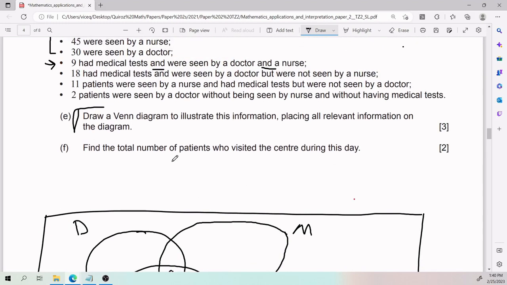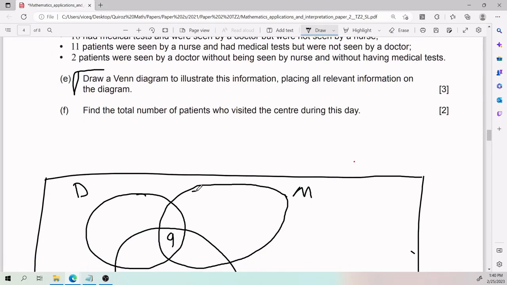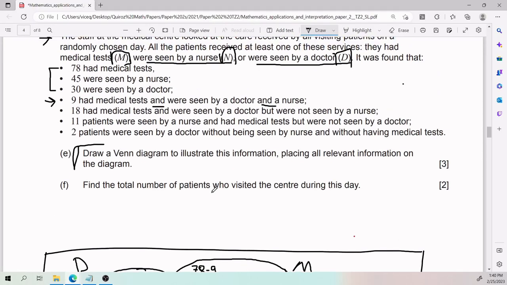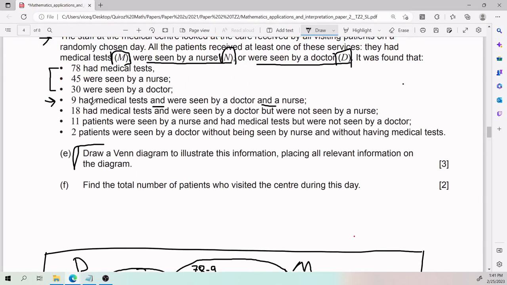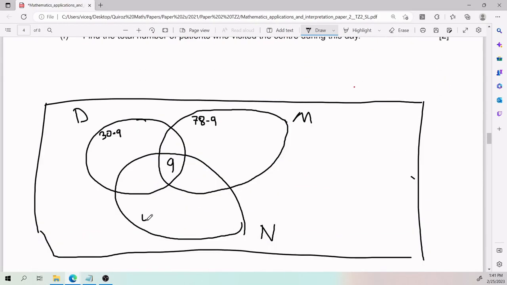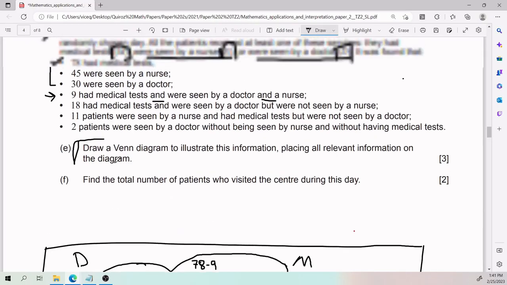And that actually already tells me that the 78 I had before needs to get subtracted by 9. The 30 that I have for doctor needs to be subtracted by 9. And the 45 that I have for nurse has to be subtracted by 9. And so you go subtracting until you reach the appropriate amount anywhere.